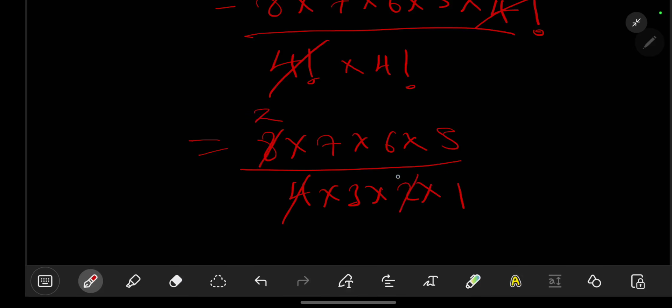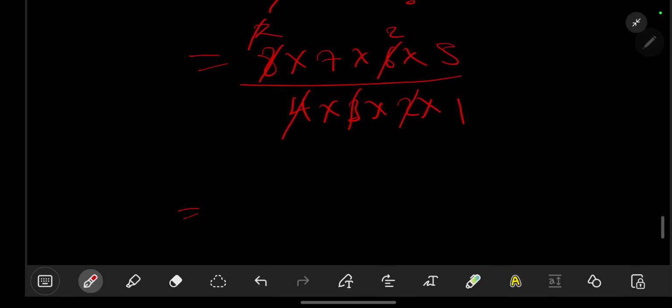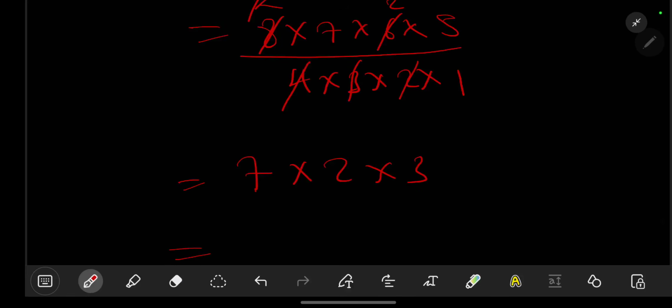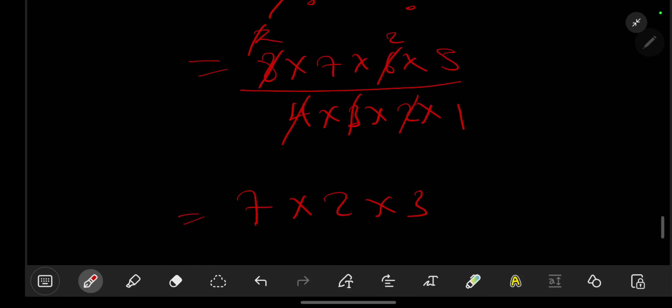This cancels with this to get a 2. So what we are remaining with is just a 7 times 2 times 3 over 1. So the answer here, so this is 5, not 3.